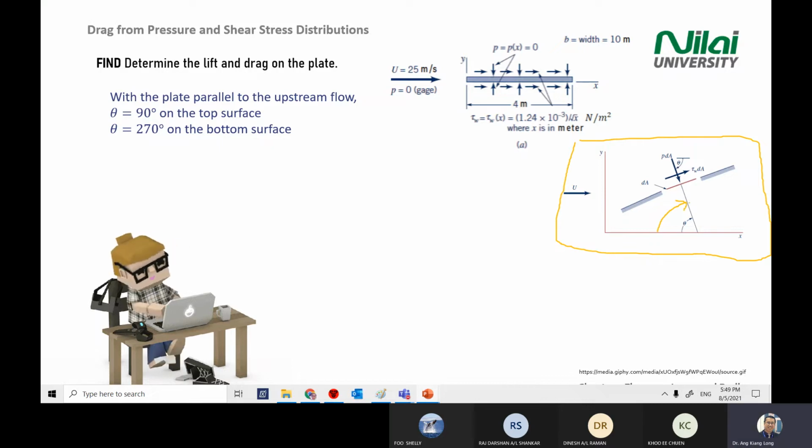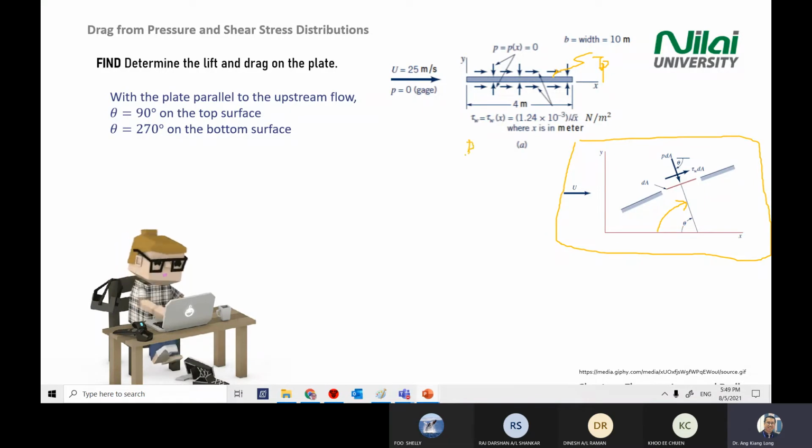Compared to the top surface, the angle will be 90 degree. The angle is measured from x-axis to the pressure magnitude. As you can see, the pressure is pointing down, so the angle here is 90 degree.